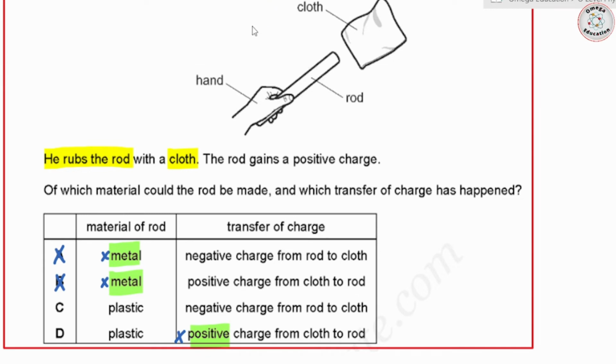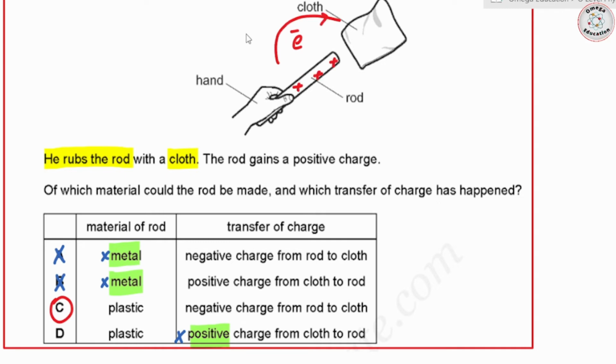So you'll be left with only option C. And that makes sense. Negative charge from the rod to cloth. If the electrons move from the rod towards the cloth, only then the rod can have positive charge.